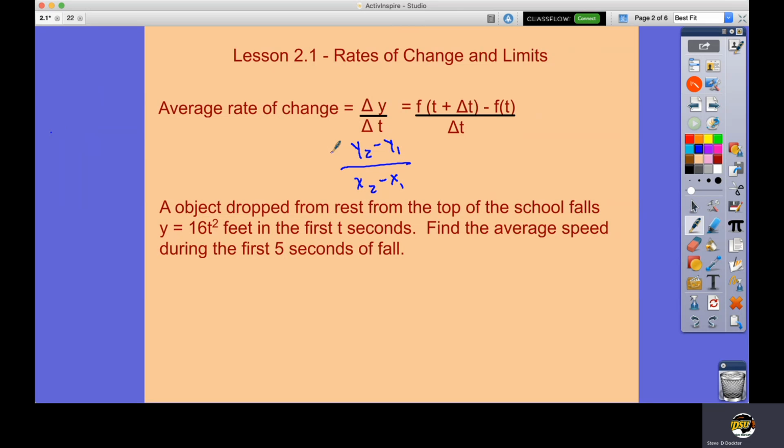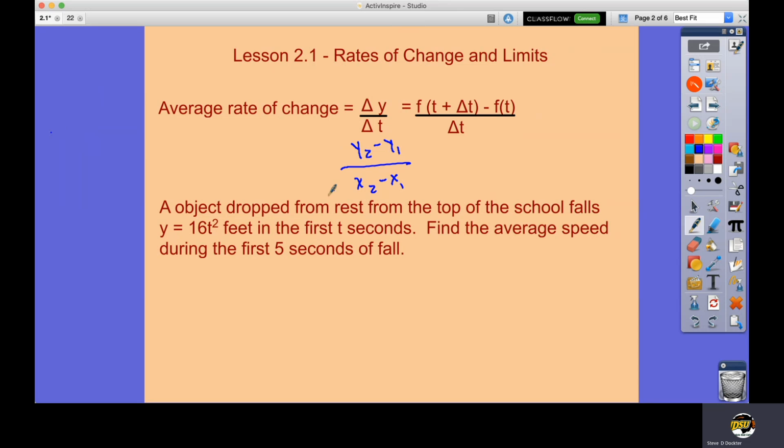All right, so down below we have a question here. An object drops from rest from the top of the school, falls at y equals 16 t squared feet in the first t seconds. Find the average speed during the first 5 seconds of the fall.